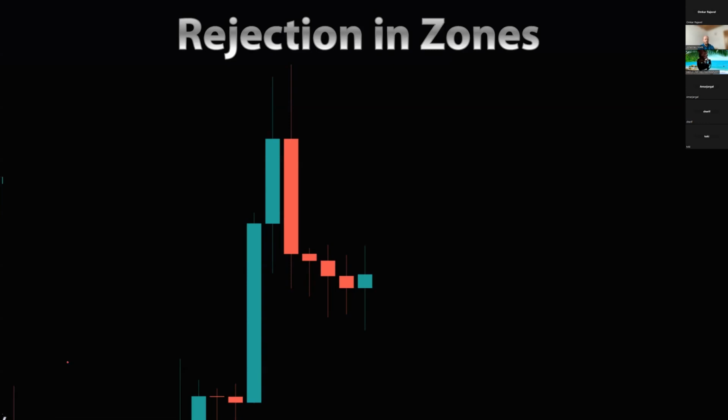What's the chat saying over here? William is saying just buy now. But still, our direction is still bullish. Is someone in the chat looking for sells? That's what I'm more concerned about.